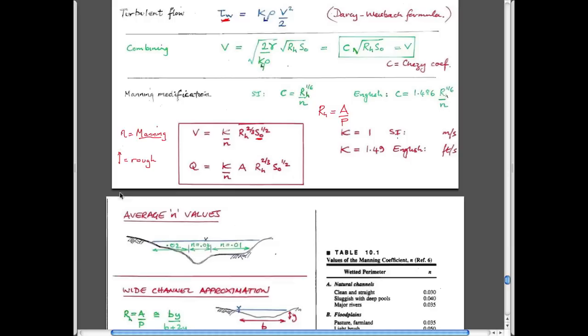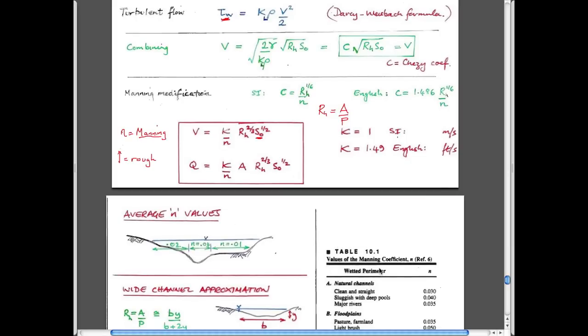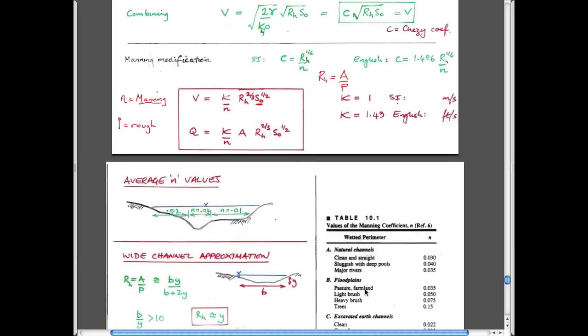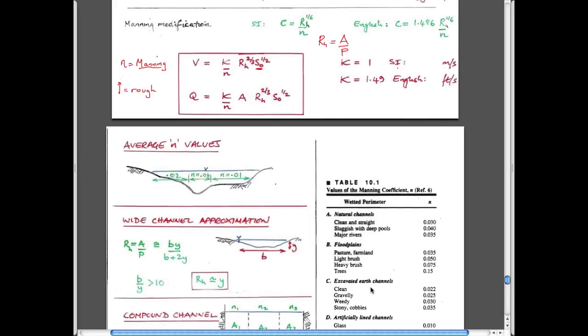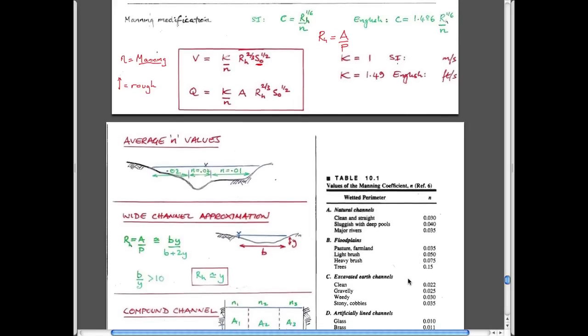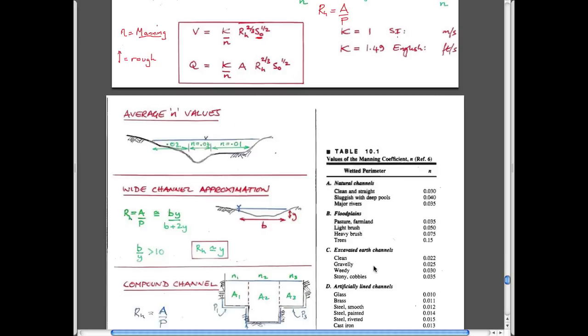And so in this little table below, you can see a whole bunch of them. So clean earth channel, one with stones and cobbles. This is small, this is large. So it's just a resistance factor.